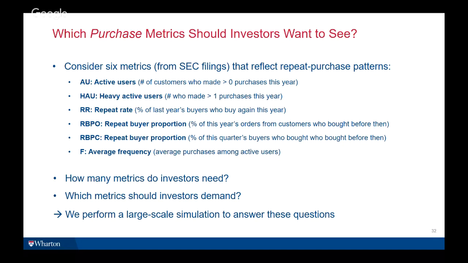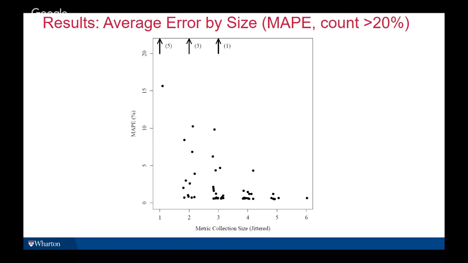So one way of thinking about the results is through the following chart. Across each of those 64 worlds, I compute what I call the mean absolute percentage error. This is a very standard error metric. And I'm going to look at that as a function of the size of the collection. So again, I'm assuming that I've got some number of metrics, either frequency alone or active users alone.